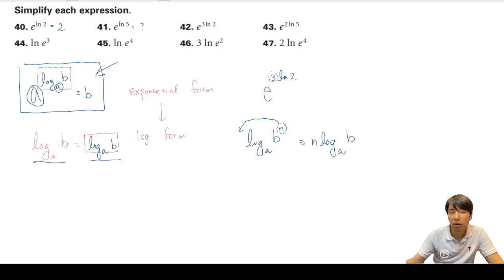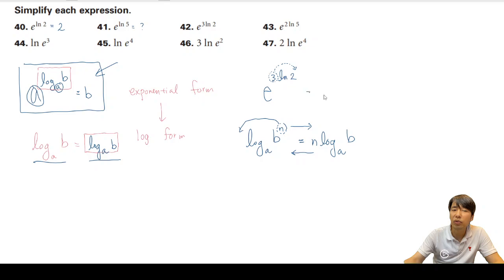These two are basically equal to each other, so you can go from the left-hand side to the right-hand side. That means that you can also go from the right-hand side to the left-hand side. So you take this number and bring it back here as the exponent of 2.